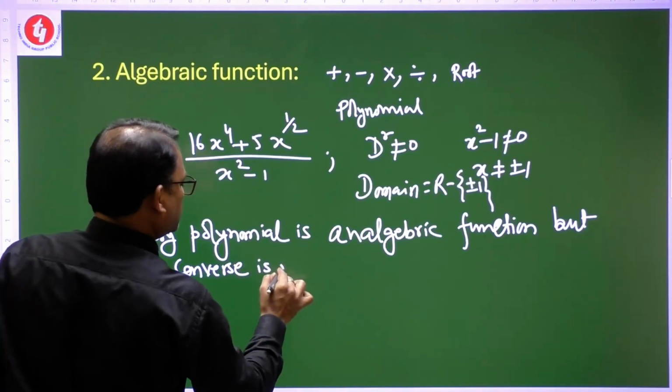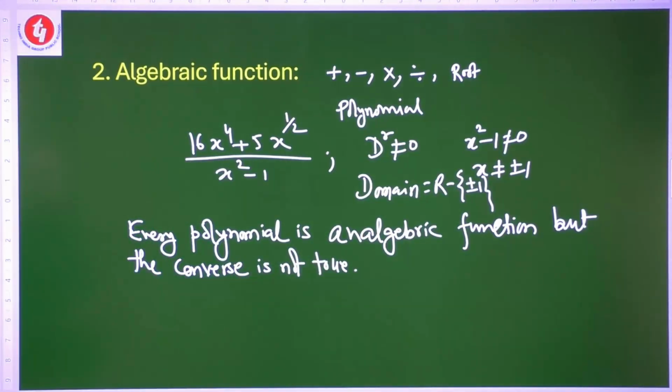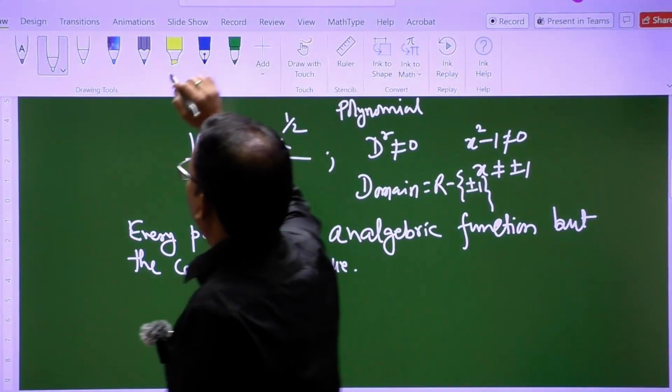Every algebraic function need not necessarily be a polynomial, but every polynomial is an algebraic function according to the definition of algebraic function. Now suppose a function which is not algebraic.